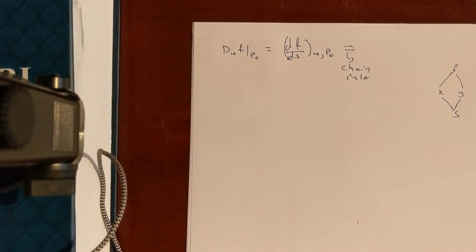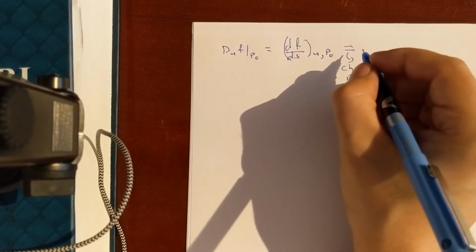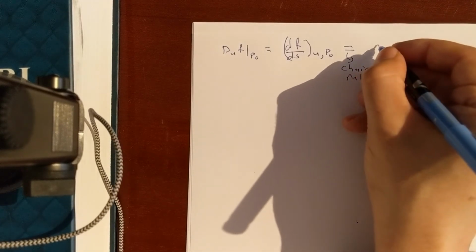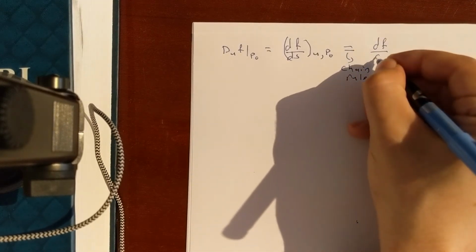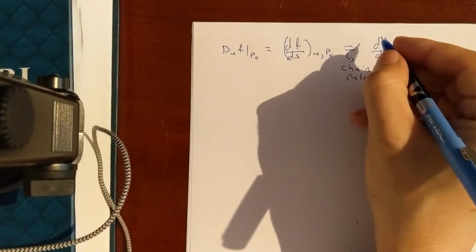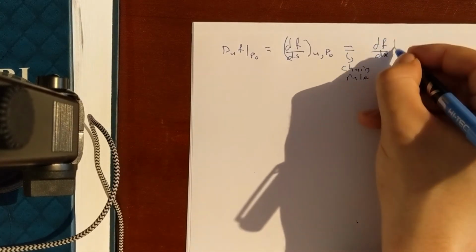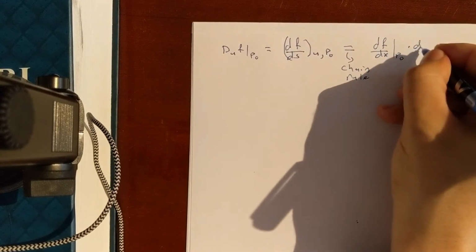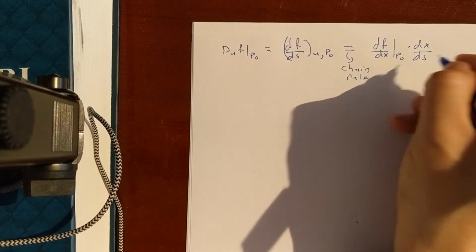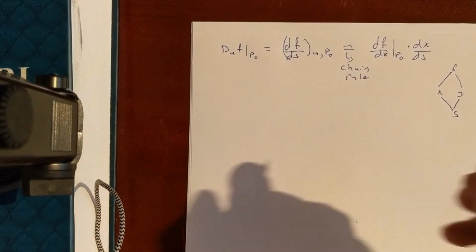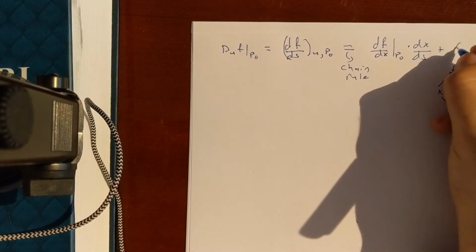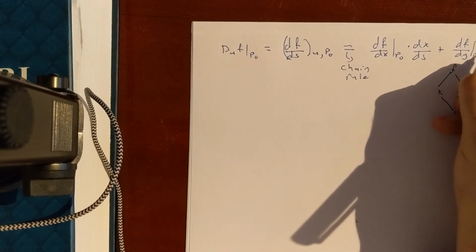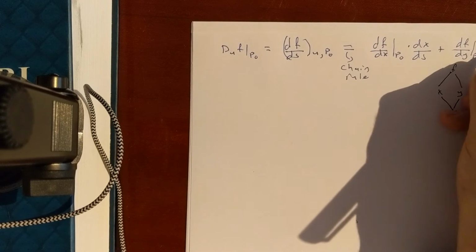So this is just df/dx evaluated at p naught times dx/ds, plus df/dy, just the chain rule that we saw last time, evaluated at p naught, times dy/ds.